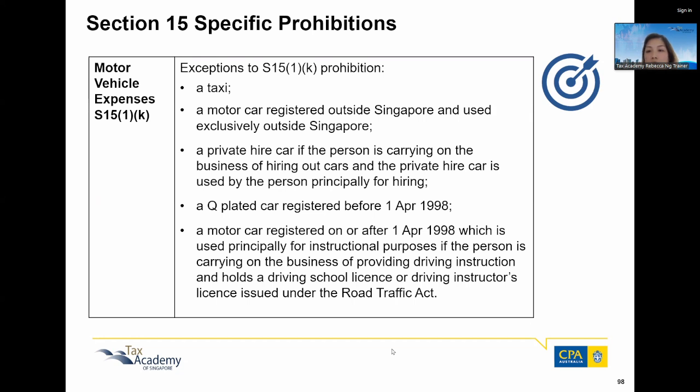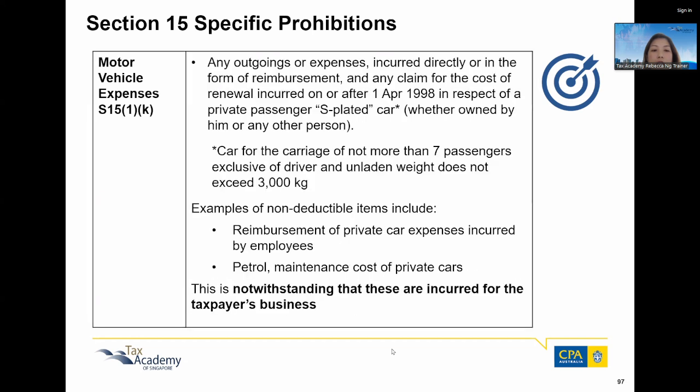Bus fare, public transport, Q-plated car registered before 1st April 1988, or cars that are used for instructional driving purpose are allowable for deduction. Okay, so take note that this slide 98 is expenditure that is allowable for deduction. Slide 97 is expenditure that is not allowable for deduction.